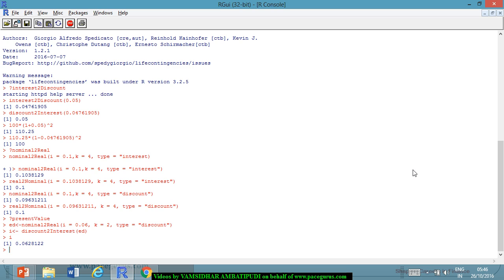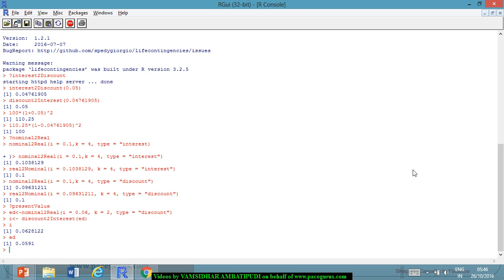From the discount rate, I have converted it into, now if you look at ED, it is 5.91. So from the D2, which is a nominal discount, I have converted it into an effective discount, which is 5.91. From the effective discount, I have converted it into an effective interest, which made it 6.28.